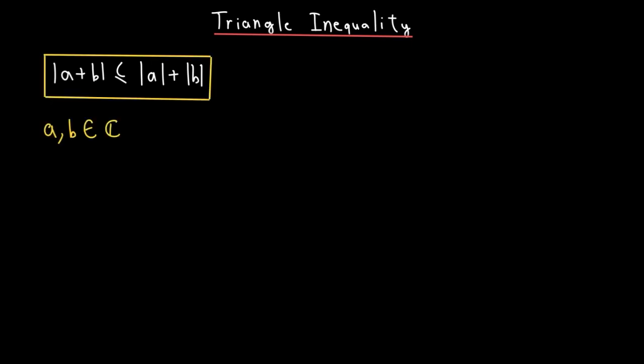So a and b are complex numbers, which means that, for example, a can be written in the form x plus iy, where x is a real number, and it's called the real part of a. And y is also a real number, and it's called the imaginary part of a.